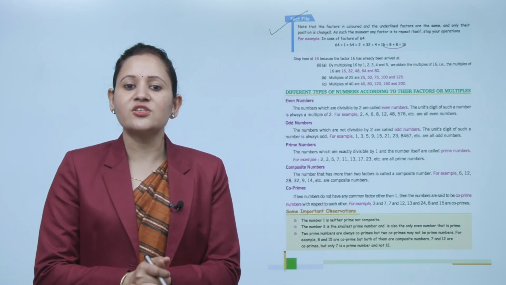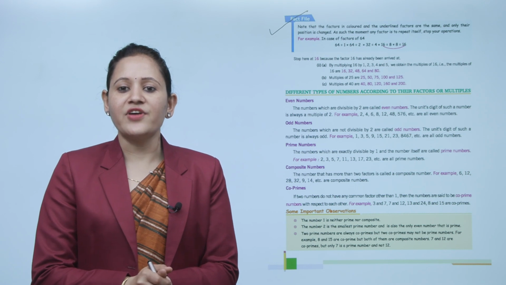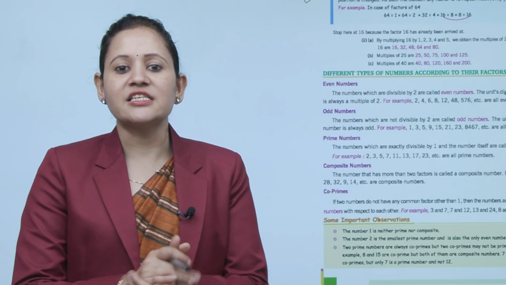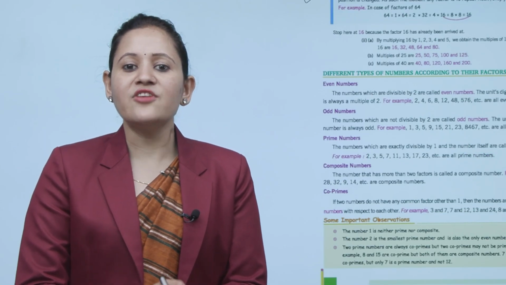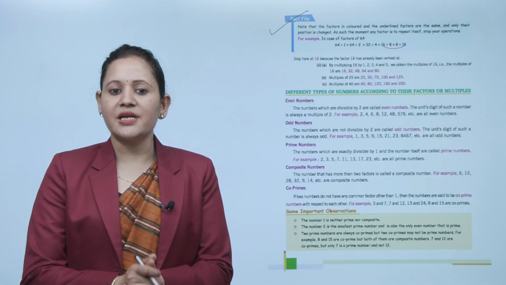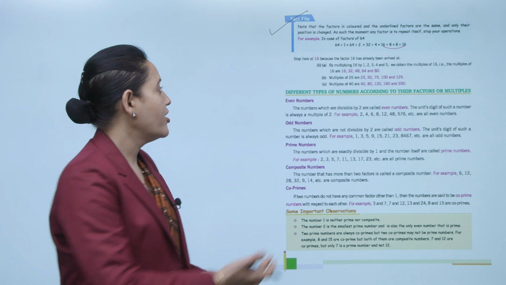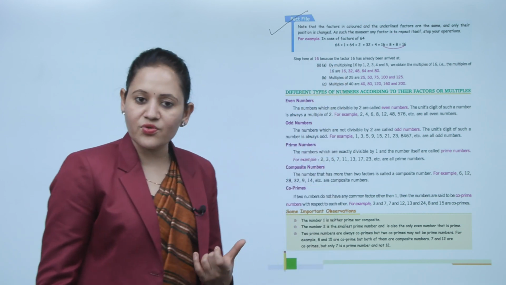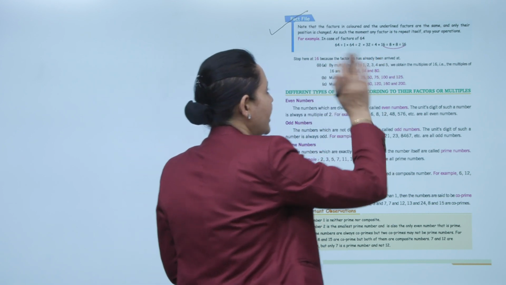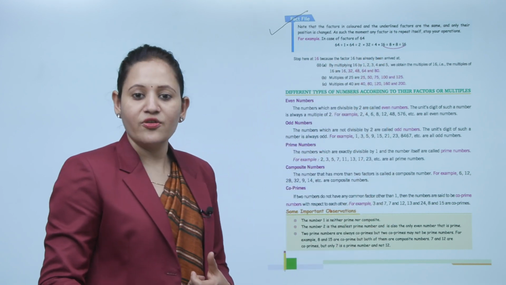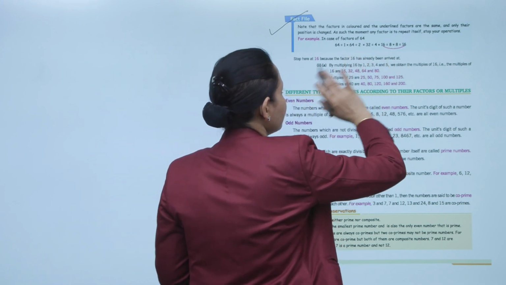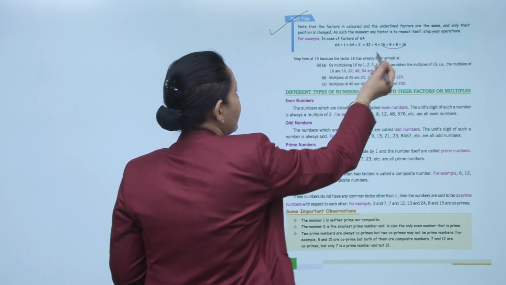Note that the factors in the colored and underlined parts are the same, and only their positions are changed. As such, the moment any factor is about to repeat itself, stop your operation. For example, in case of factors of 64: 1 into 64 is 64, 2 into 32 is 64, 4 into 16 is 64, 8 into 8 is again 64.